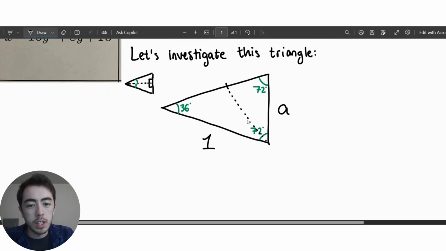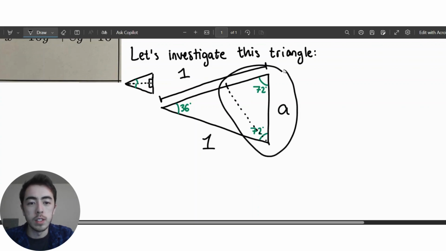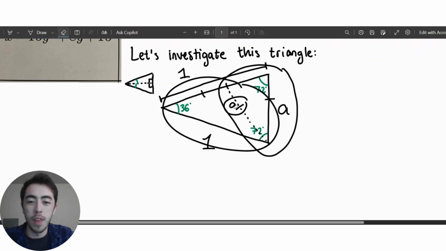If I inspect this triangle here, the long side is now A, and the short side is, well, I'm not sure yet. If we look here, I know that this whole thing is a 1. And, you know how this is an isosceles triangle? That means this and this side are congruent, so I have an A right here. And then earlier I said I have another isosceles triangle, so this A also lines up with that one right there.